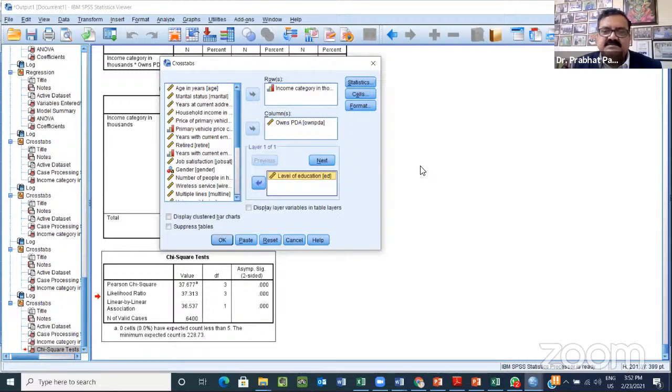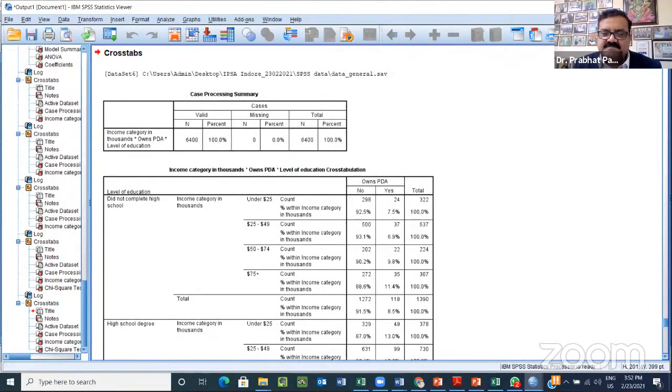Layer variable means you have the given scenario of education. And if the education of an individual is given, then how the relationship between income and purchase is established. That's what he did, right? And just see the result.